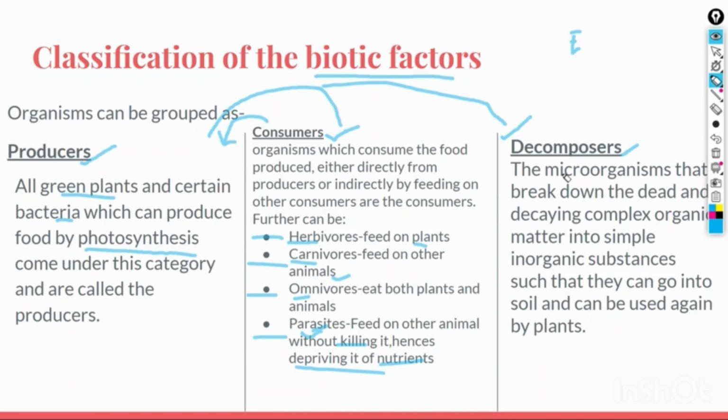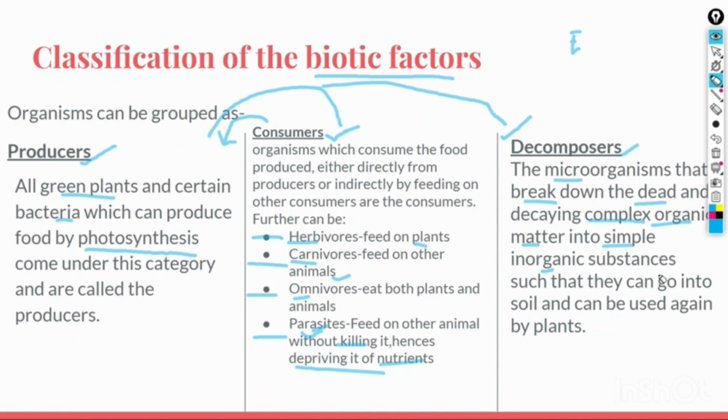Decomposers are microorganisms. These are very minute organisms which break down the dead and decaying complex organic matter. We all, the plants and the animals, are organic matter. These decomposers break down this complex organic matter into simple inorganic substances, like simple phosphates and nitrogens.